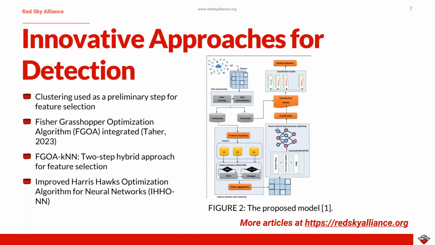A new optimization approach is proposed in this paper to tune the hyperparameters of neural networks for effective botnet attack detection. And this is called the improved Harris-Hawks optimization algorithm for neural networks. So there were three main enhancements to these.